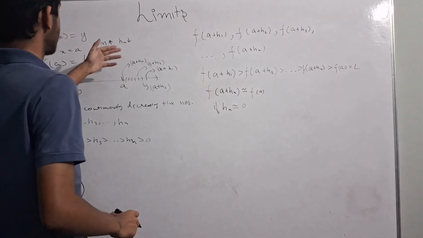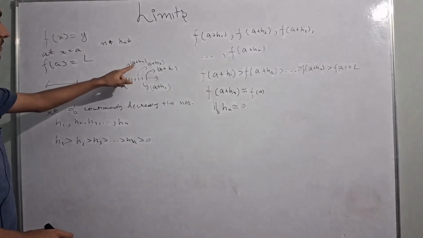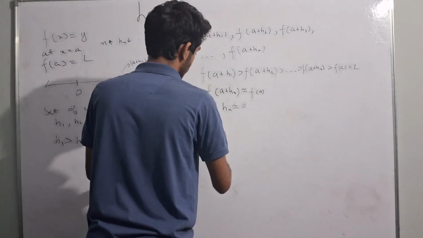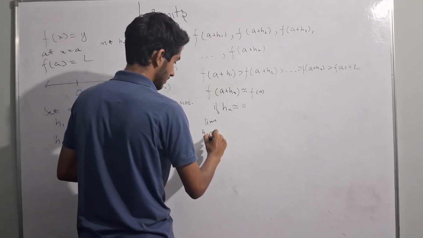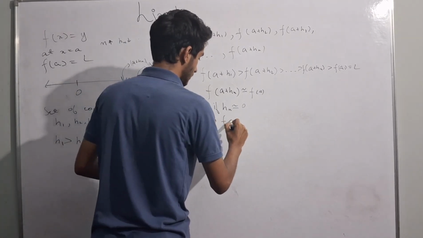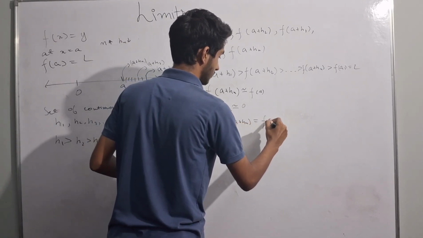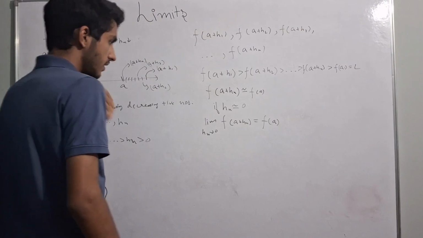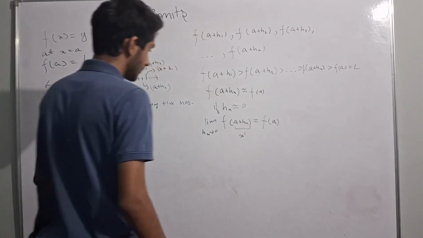Because as I said, the larger the value of n, the smaller hn gets, and a plus hn gets closer to a. That means we can write it as limit hn tends to 0, function of a plus hn is equal to function of a, which is L. So I can write it as, let's say, x prime.